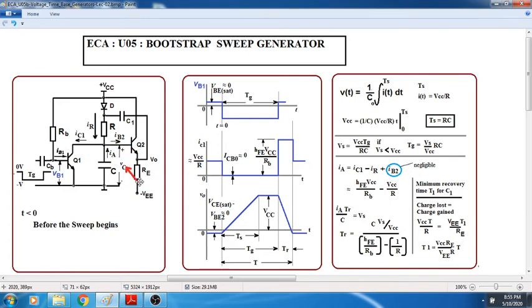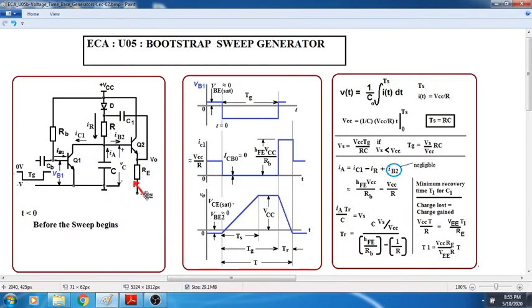So in this circuit we are adding one more resistor RE and a negative supply, because we want to bias this emitter follower with a negative voltage. The RE value will be very large, and this basically makes up the bootstrap sweep circuit.